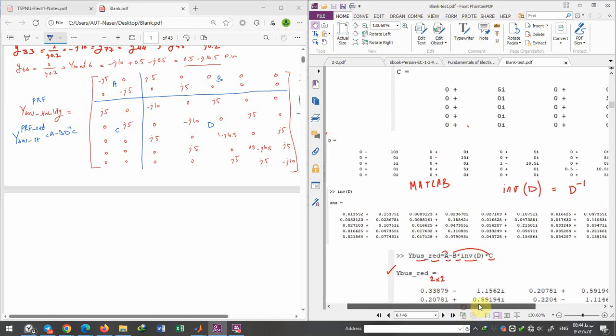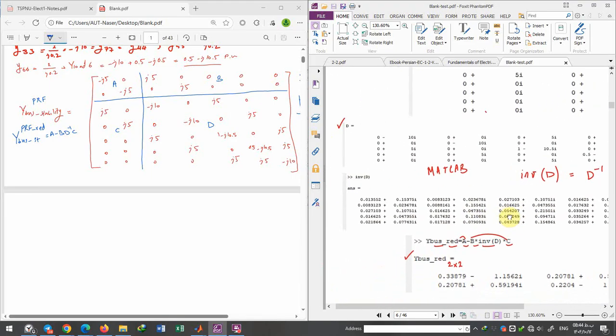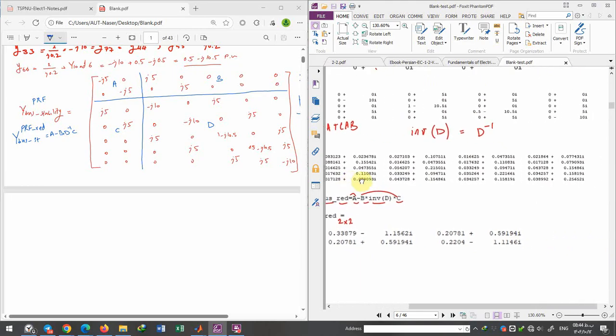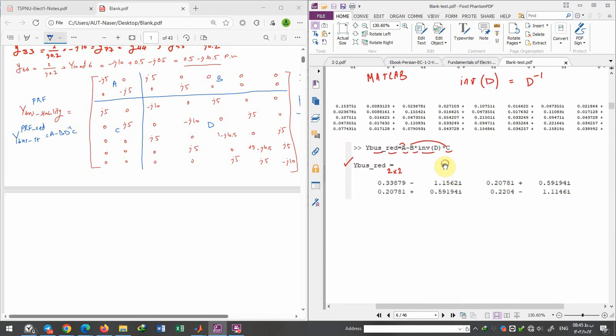You should calculate two numbers after the point here, not such exact written here, and after that Y-bus reduction is A minus B inverse of D in C.